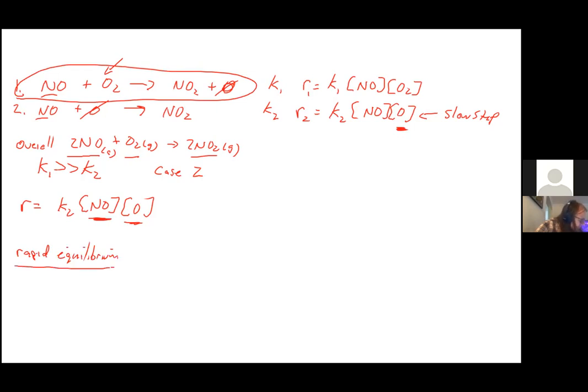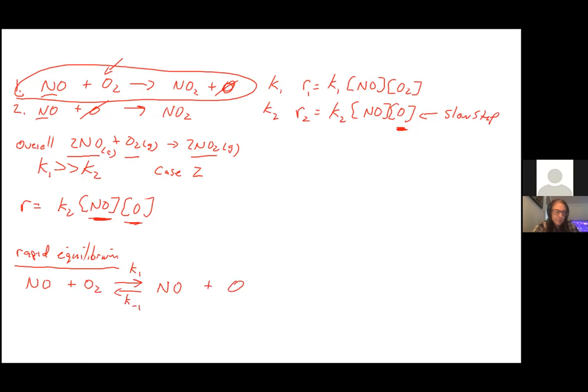What you're going to do is you're going to write this equation a little differently. This is called rapid equilibrium. Okay, and this is going to be called K1, and this is going to be called K minus 1.